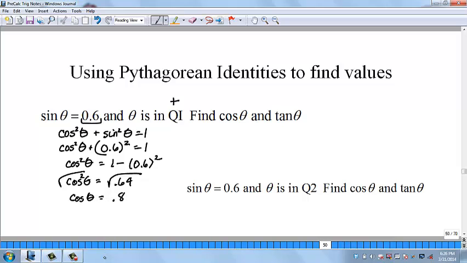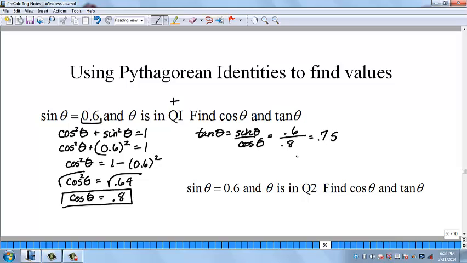Alright, so I now found cosine because of that identity. Now if I find tangent, tangent of theta is sine of theta over cosine of theta. The sine of theta is 0.6, the cosine of theta is 0.8, and when I divide them I get 0.75. So the tangent of theta is 0.75.